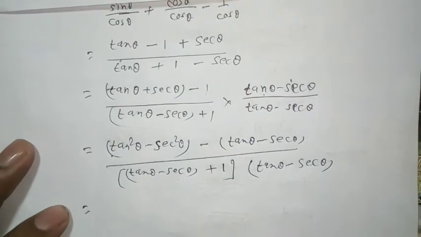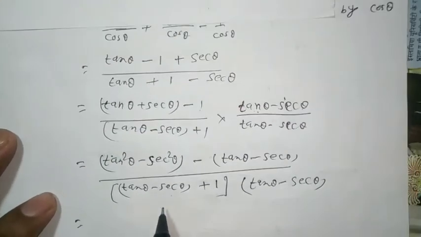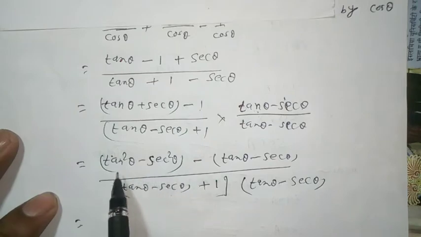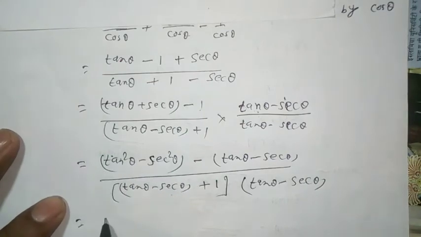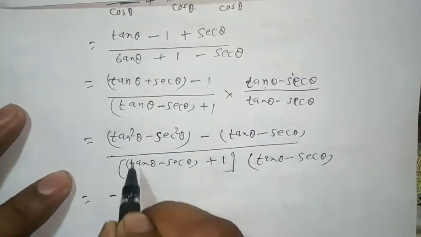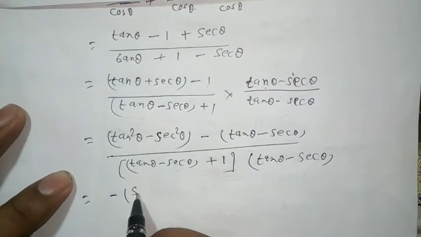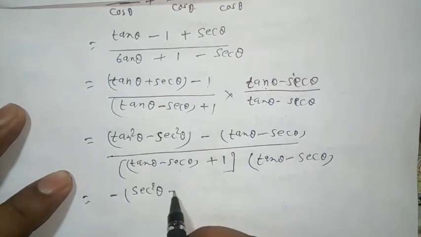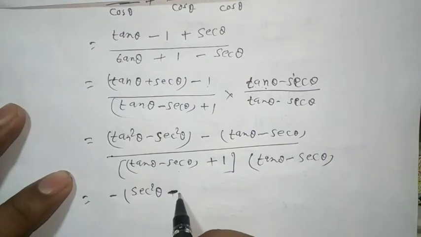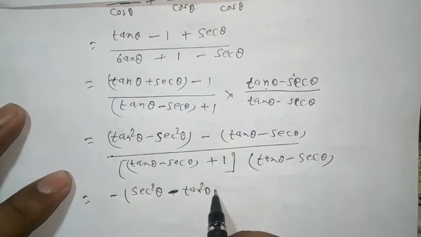Now if we take common minus 1, then minus sec square theta is plus and tan square theta is minus.